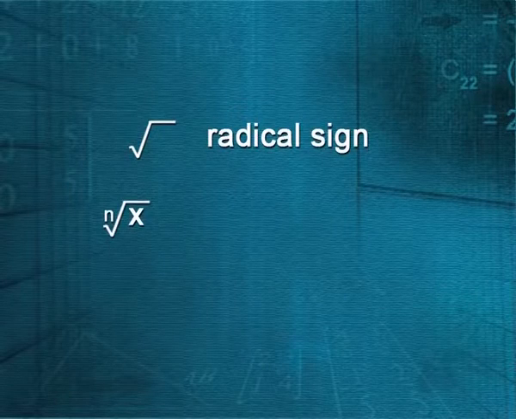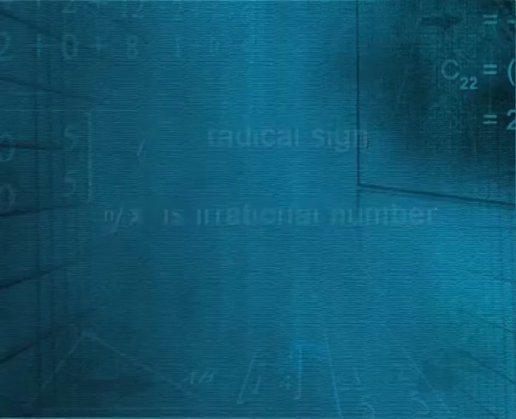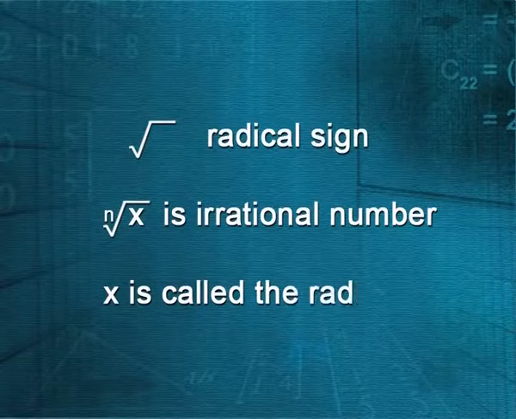Nth root of x is an irrational number. Mind it, that it should not be a rational number. That means the nth root of x may not be defined. If it is defined, if it is a rational number, then nth root of x is not a surd, and x is called the radicand in this expression.